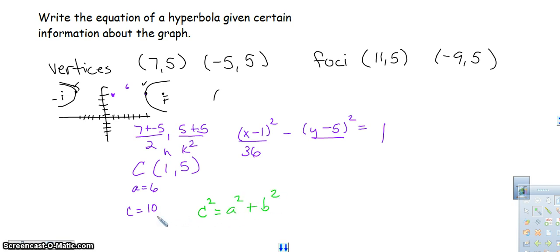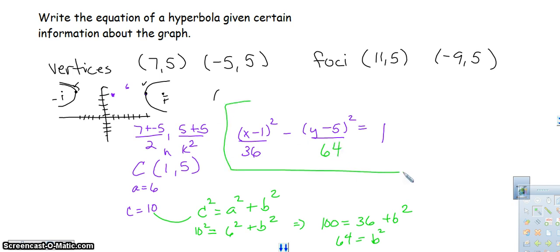So 10 squared equals 6 squared plus b squared, giving 100 equals 36 plus b squared. So b squared is 64. That's the equation that describes the hyperbola with the given vertices and foci.